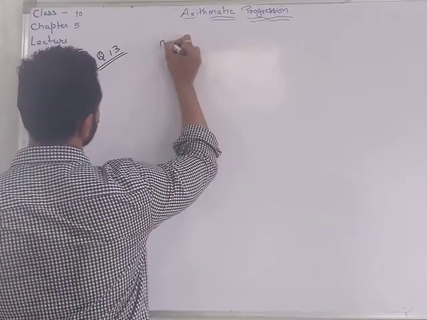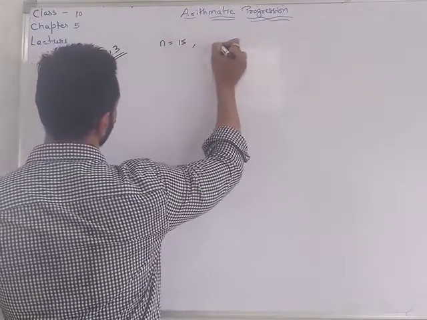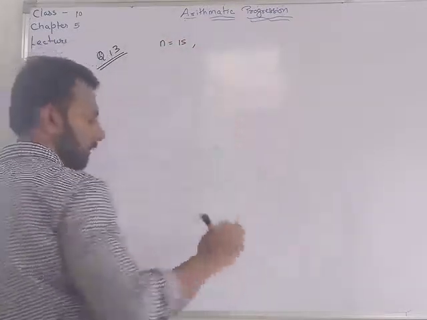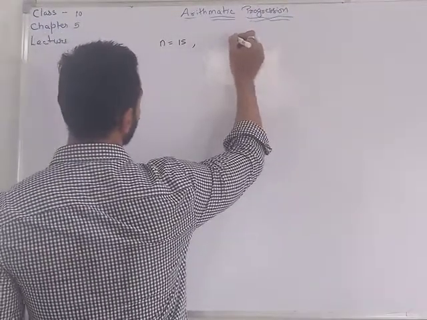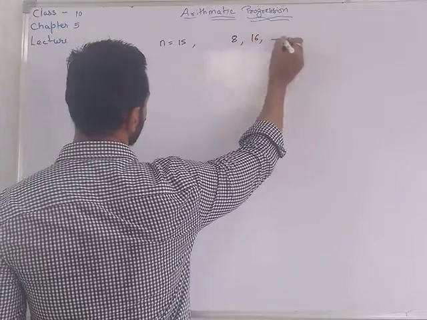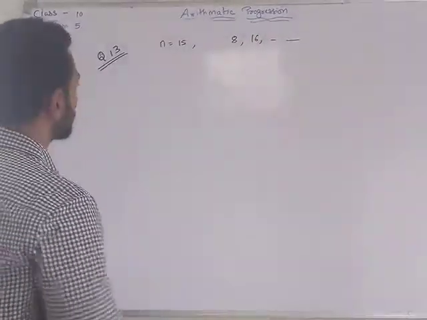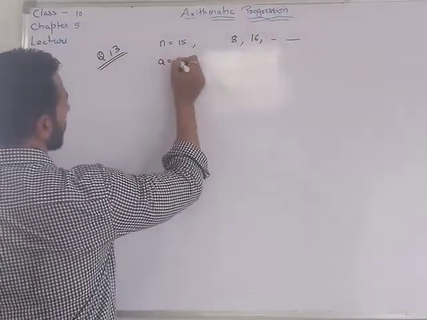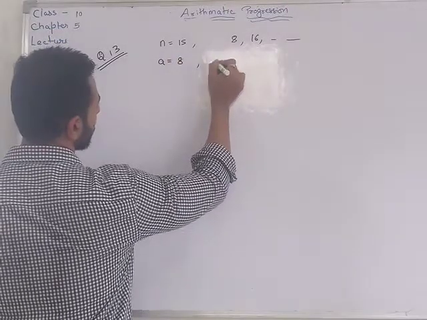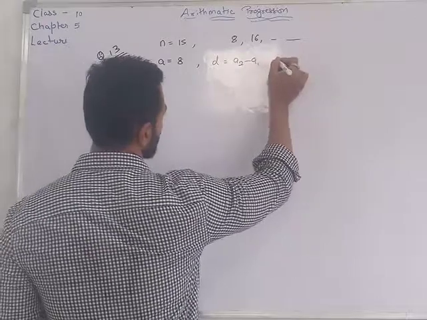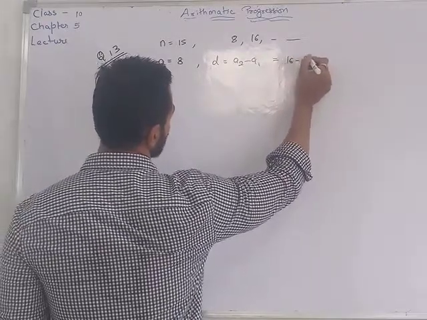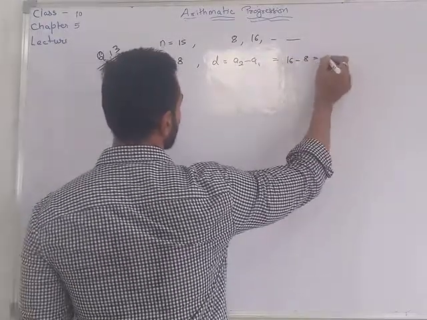Means n is given as 15, and multiples of 8 will be 8, 16 and so on. So first term will be 8. D is equal to A2 minus A1. A2 is 16, A1 is 8, 16 minus 8 will be 8.